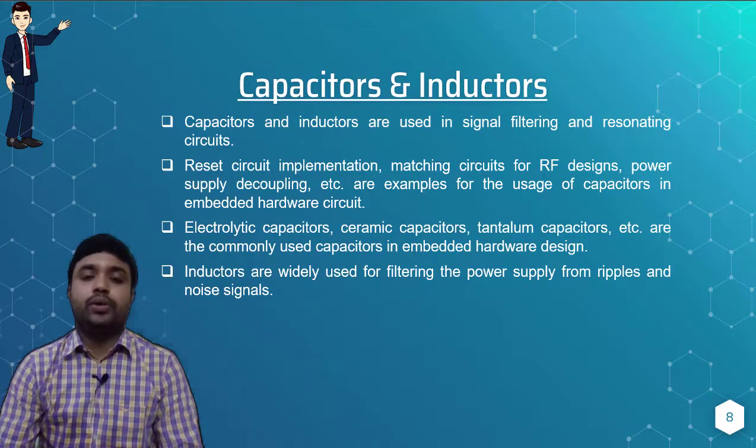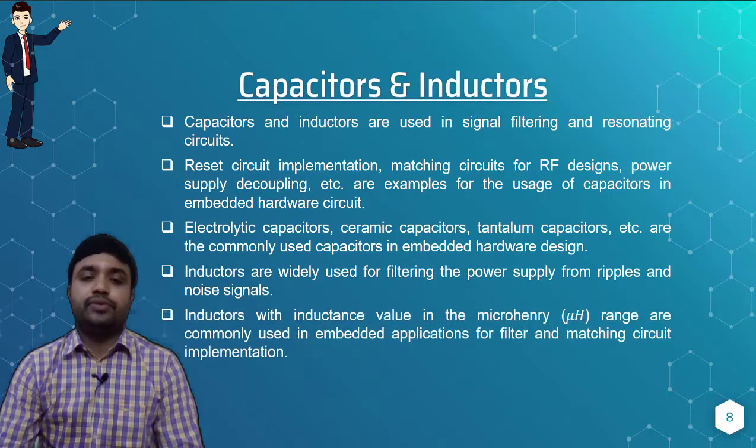That is how we remove the ripple section, that is the AC quantity inside your signals. Okay, so next, inductors with inductance value. We select inductors in the microhenry range. Likewise for capacitors we select a microfarad range.